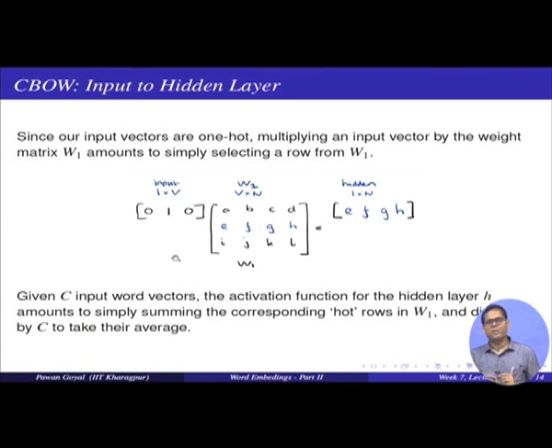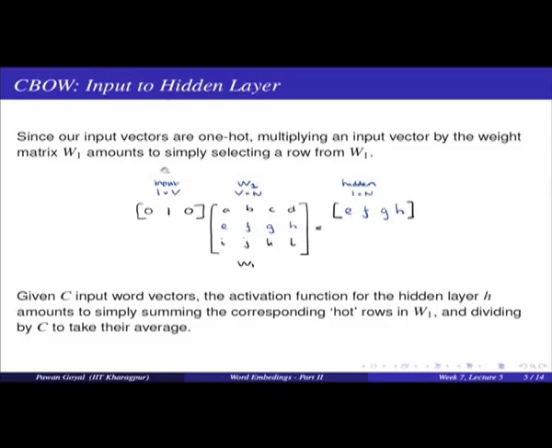Now, what happens from input to the hidden layer? We are feeding one hot vectors. If there are 8 different input words, I have 8 different one hot vectors. Now what do I mean by multiplying this one hot vector with my first weight matrix, which is of dimension v cross n? You put in an input, this is one word, with the corresponding element as 1, and you multiply it with the v cross n weight matrix.